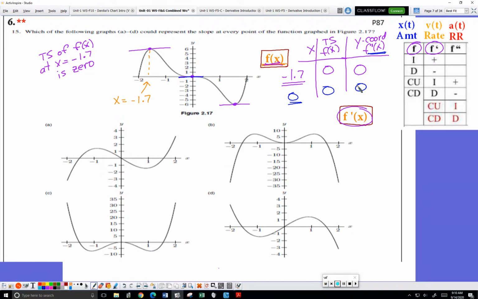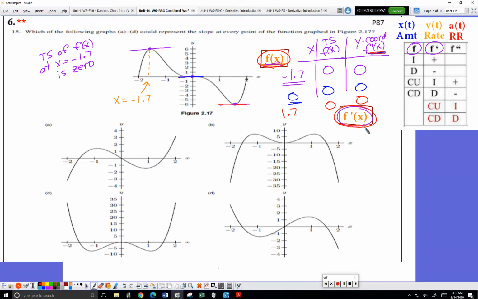And then same thing at x equal 1.7 on the graph of f. Tangent slope is 0, so the y-coordinate on f prime must also be 0. That's how f is connected to f prime. That's what derivative means. The derivative of f is f prime. That connection is through the tangent slopes of f. Anybody need me to talk more about that so far?